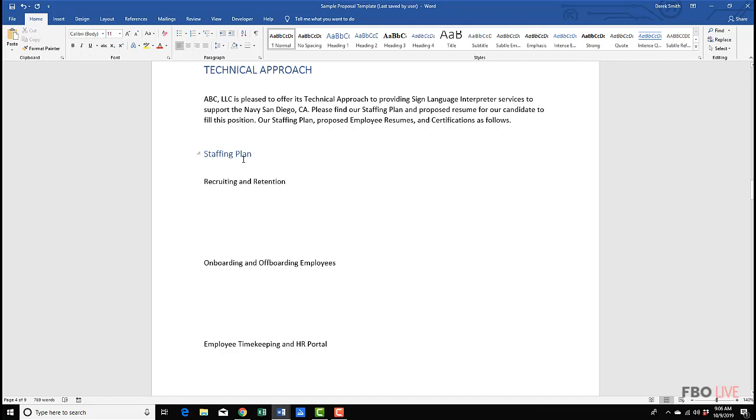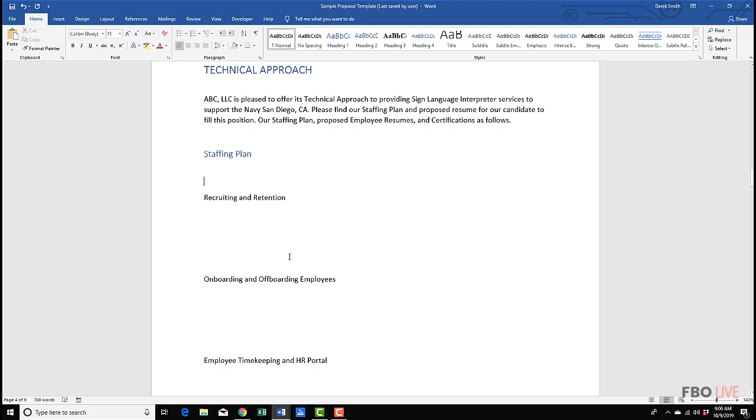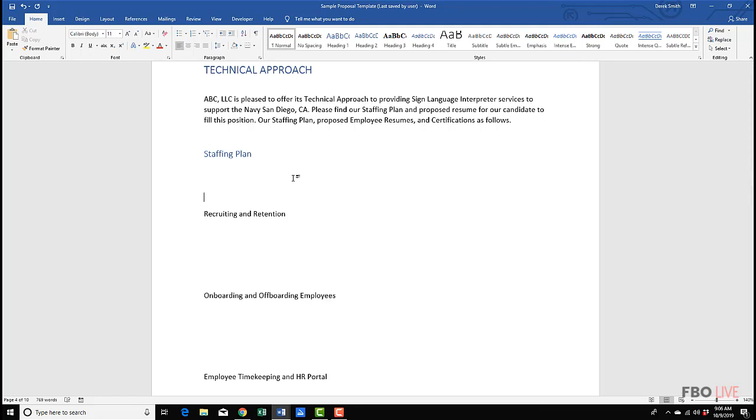So you have a staffing plan, which, how do we want to lay this out? Because they said they wanted that within your staffing plan. So let's go ahead.